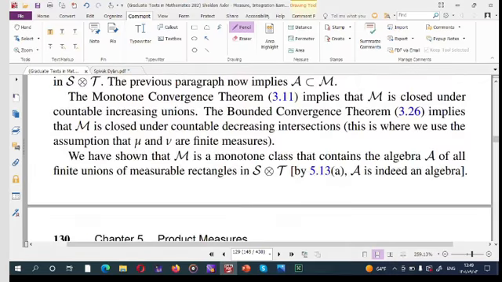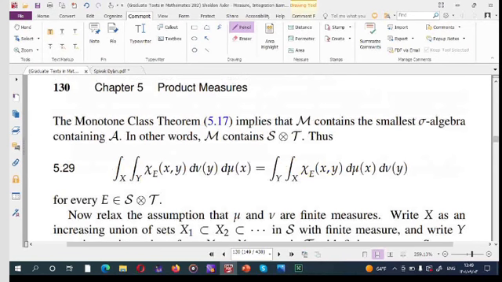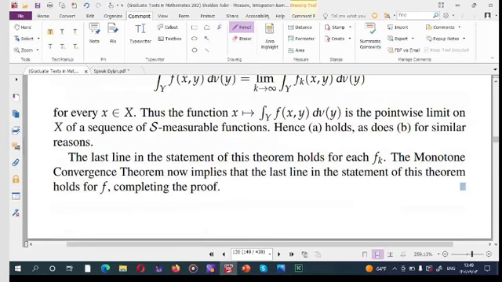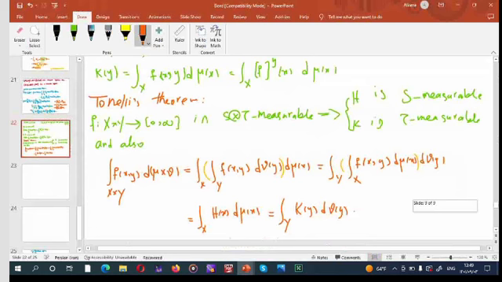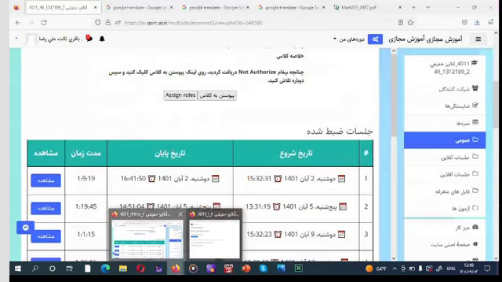Okay, but I omitted the proof of this, so please understand this proposition only. I omitted the proof of this for you. Okay, let me write for you.